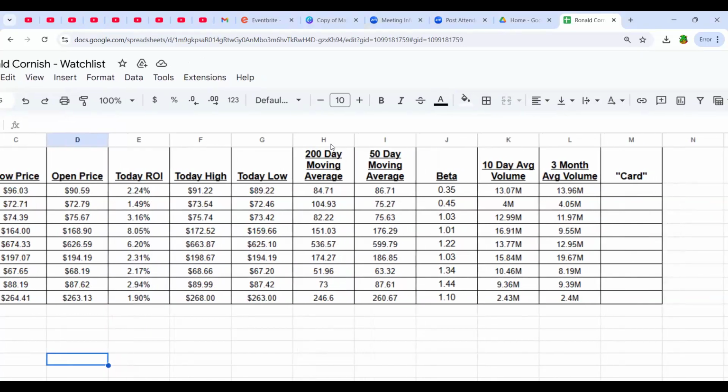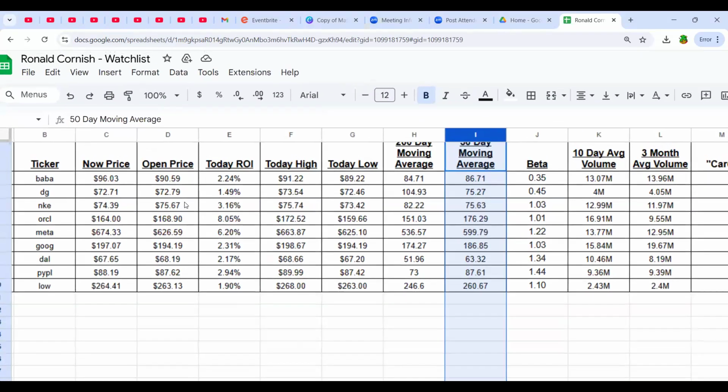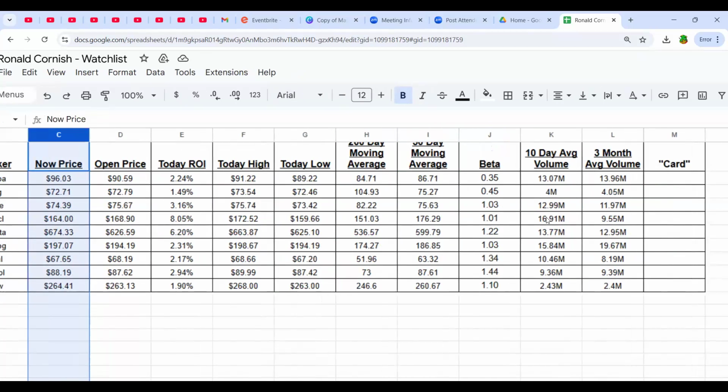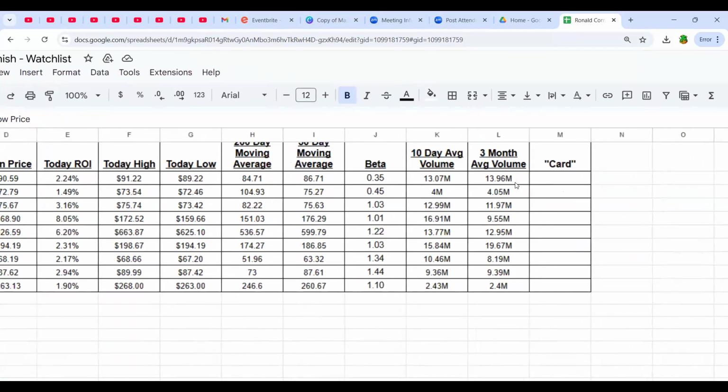You also have things like the 200-day and 50-day moving averages to compare to. In the case of Alibaba, it's clearly in an upswing because its 50-day is higher than its 200-day. But look at how high it is right now. They have good volume, 13 million, and eight-figure volume is good volume. It's not far off from their average 3-month volume.